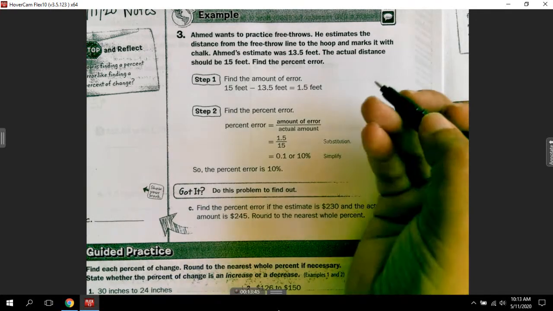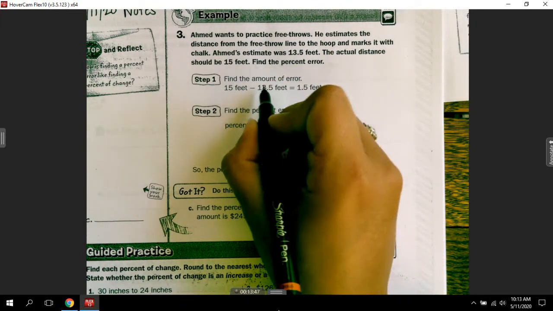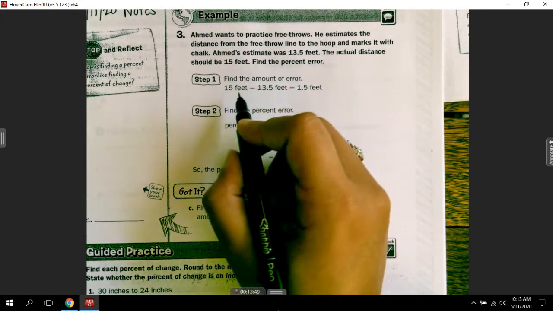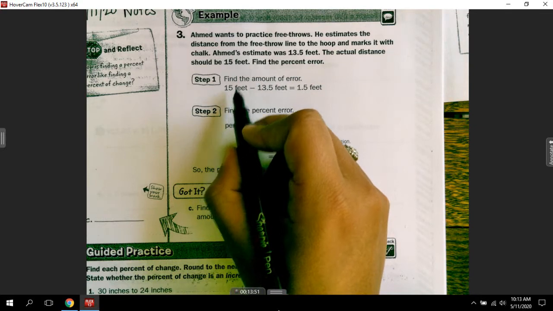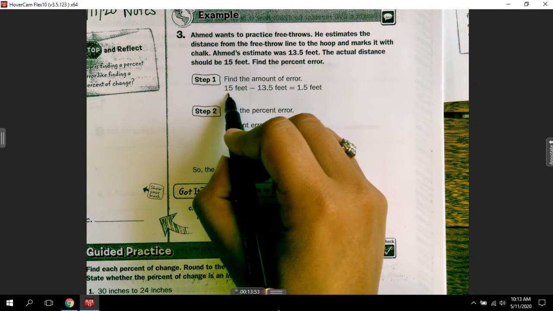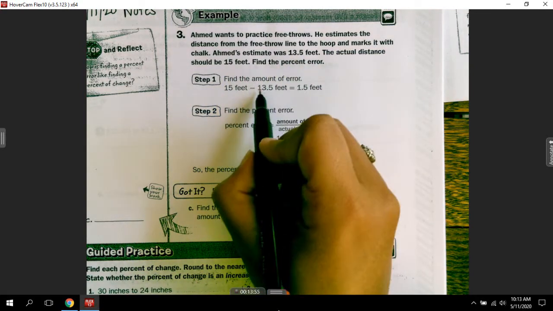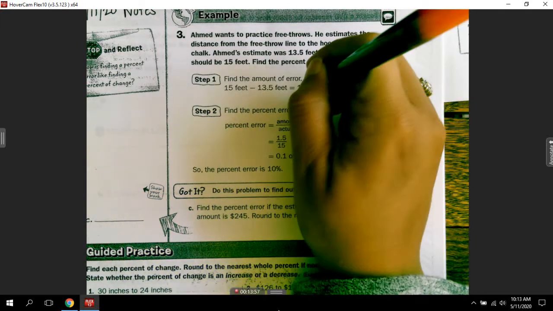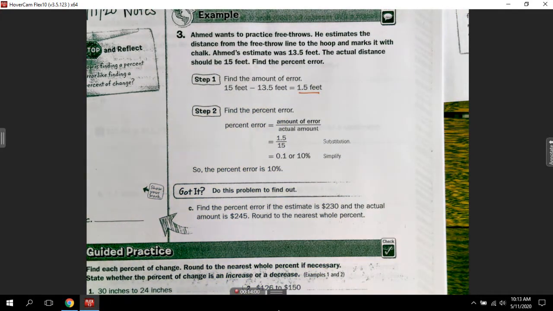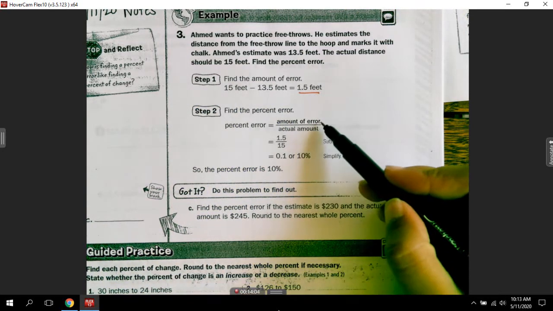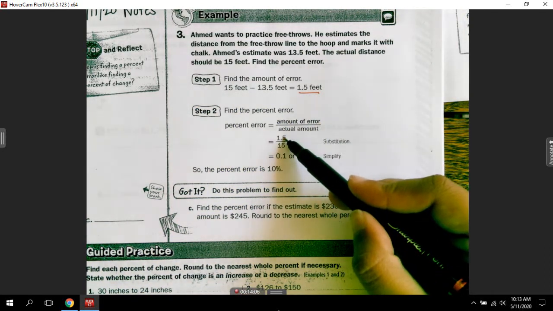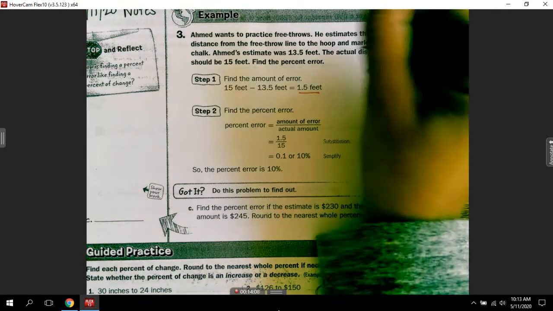Okay. So what you want to do is you want to find how much is he off. So the actual is 15. He estimated it was going to be 13.5, so just subtract those two numbers. So that means the amount of error was 1.5 feet. Okay, so that's going to be your top number. So your amount of error, 1.5, divided by the actual amount. Okay, the actual distance should be 15.